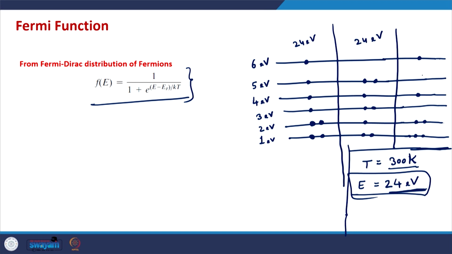Or 2 plus 4, 6, plus 6, 12, plus 4, 16, plus 6, 22. Now, we need 2 eV energy.